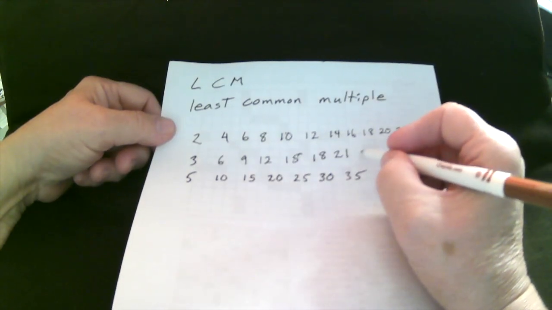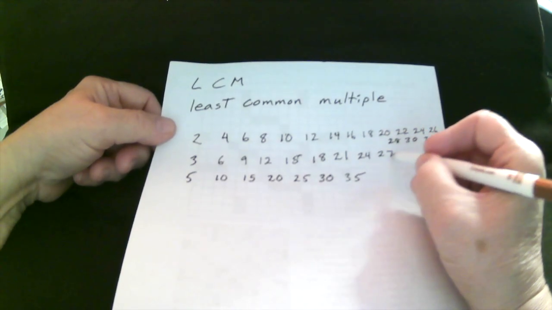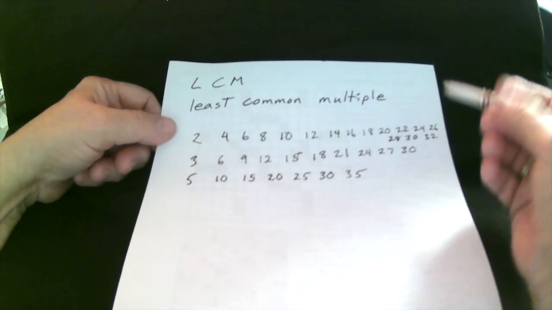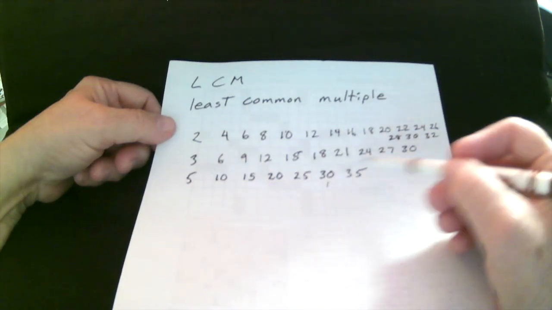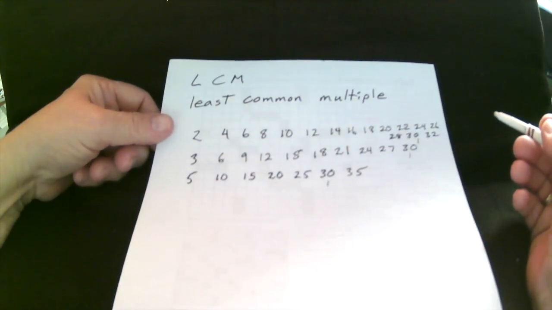For the 3, we have 24, 27, 30, and I see it. For 2, 3, and 5, our first or least common multiple would be 30.